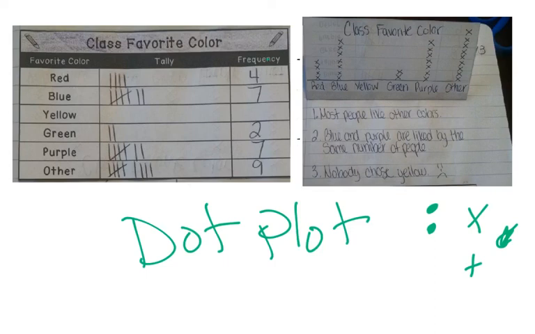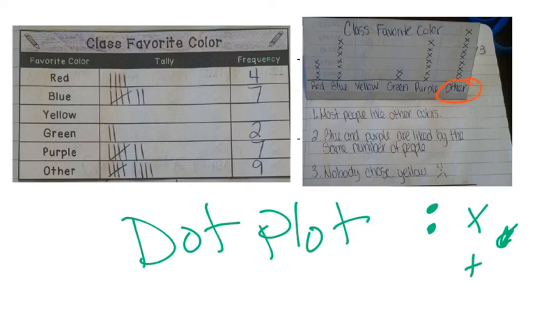The ones that are listed, blue and purple, were liked by the same number of people, right? And then no one chose yellow. So sadly, yellow, as bright and cheery as it is, no one liked it. So you can look at this and you can say that the mode of this would be other, right?